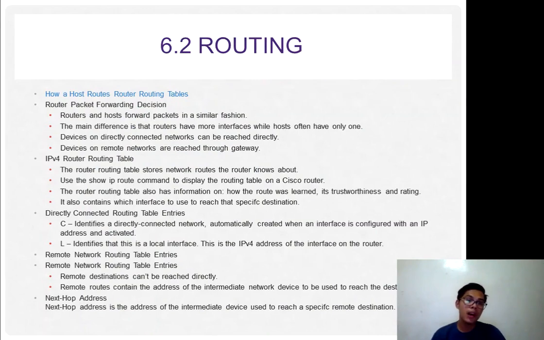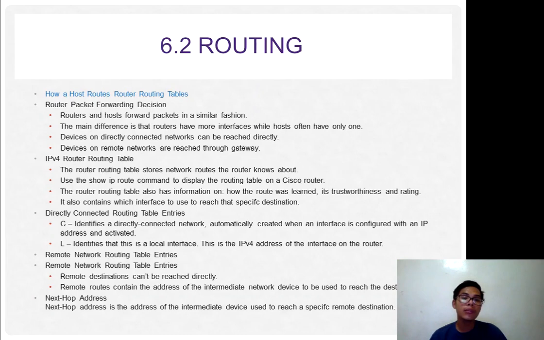How a router routes: router packet forwarding decision. Routers and hosts forward packets in a similar fashion. The main difference is that routers have more interfaces, while hosts often have only one. Devices on directly connected networks can be reached directly.